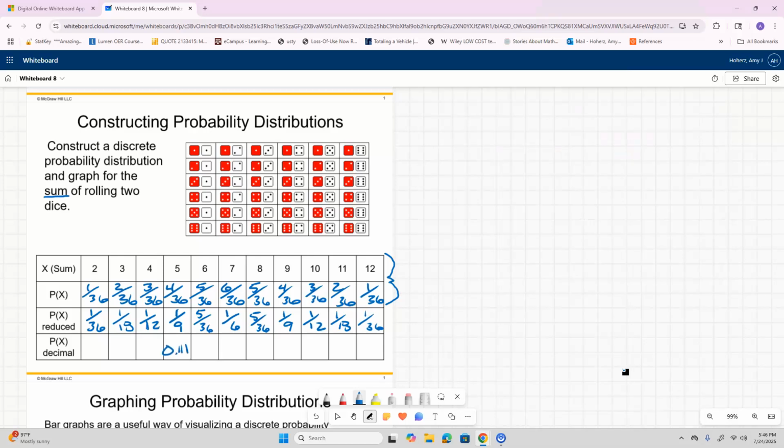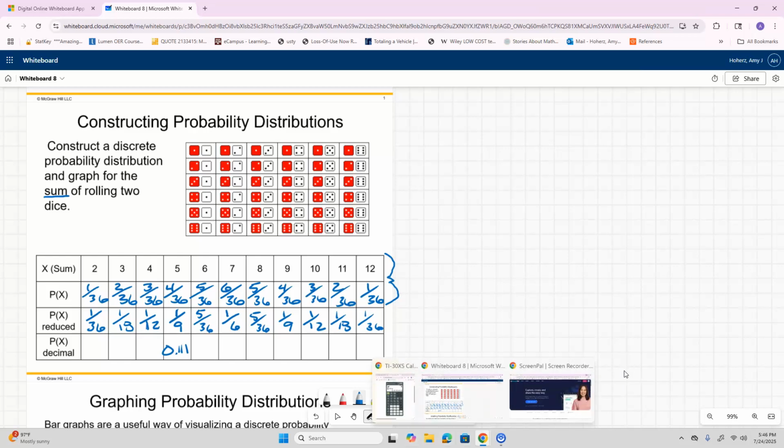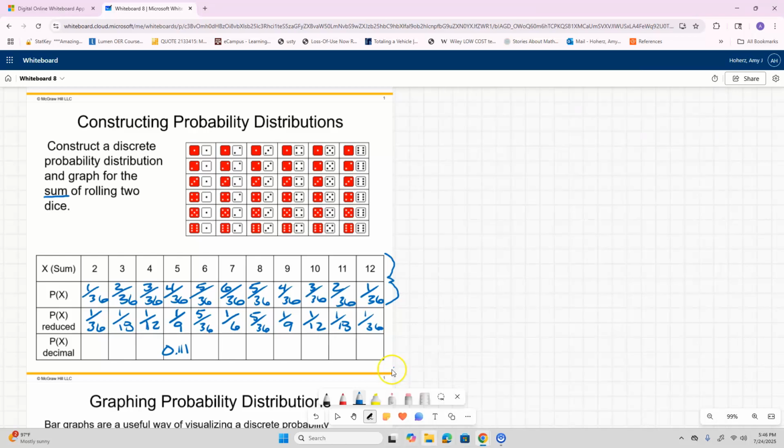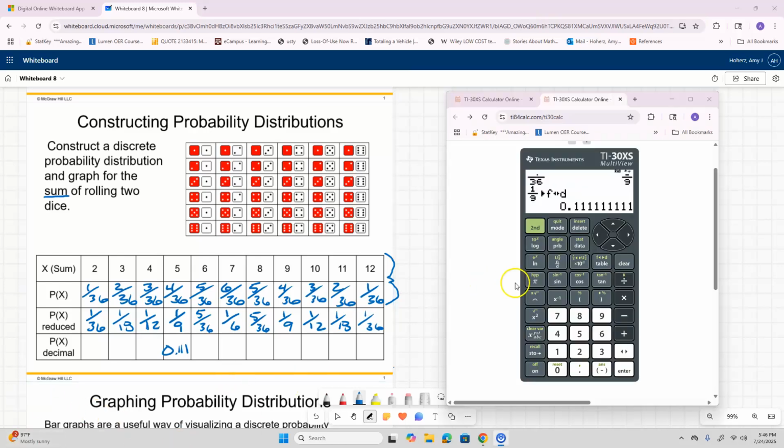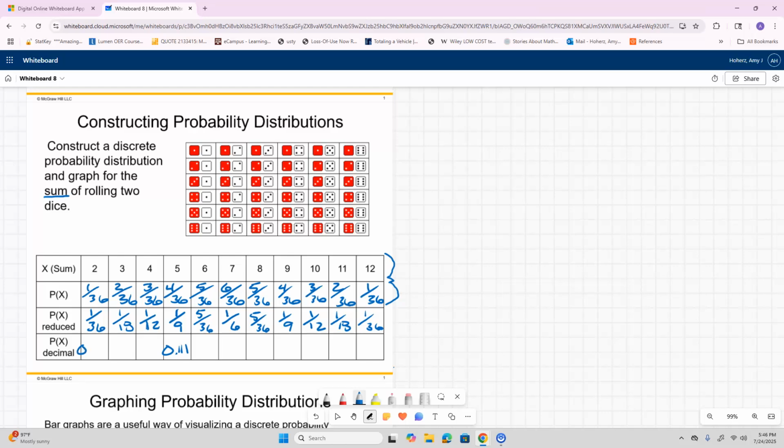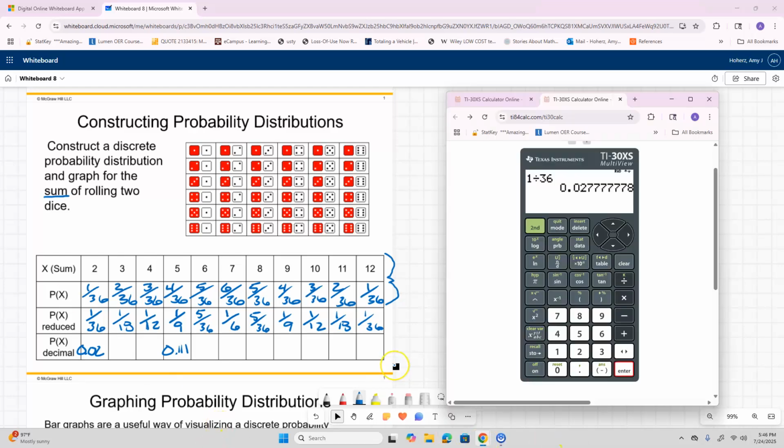This is kind of small to write in, but then we have 1 out of 36. I like to do these when we're trying to actually reduce them or change them to a fraction or a decimal. If you just put it in as divided, it'll give it to you as a decimal. So 0.02, I think it was 8. Yes, 0.028.